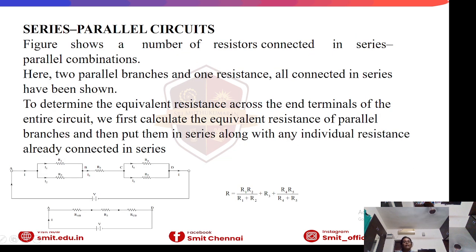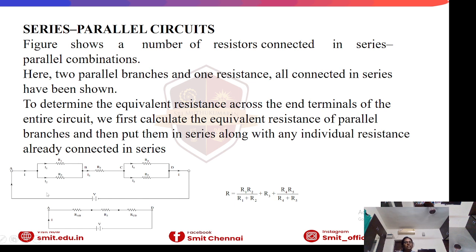Next, series parallel circuit. The figure shows a number of resistors connected in series and parallel combination. Here, two parallel branches and one resistor, all connected in series, are shown in the figure. To determine the equivalent resistance across the end terminals of the entire circuit, we first calculate the equivalent resistance of parallel branches, then put them in series along with any individual resistance already connected in series.